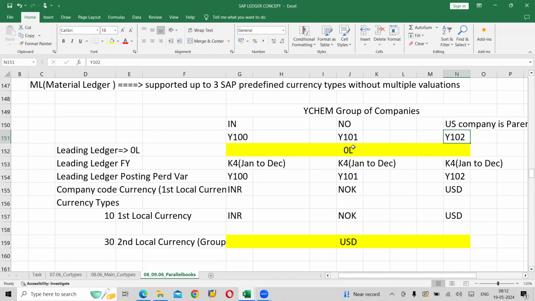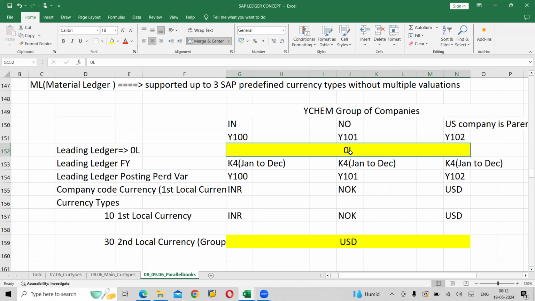Okay. My zero leading ledger is by default assigned to all the company codes, as we know. The zero ledger will be assigned to whatever I have taken here. As you know, I'll normally take 3 company codes. So here for all the 3 company codes, the zero ledger will be assigned. Okay.